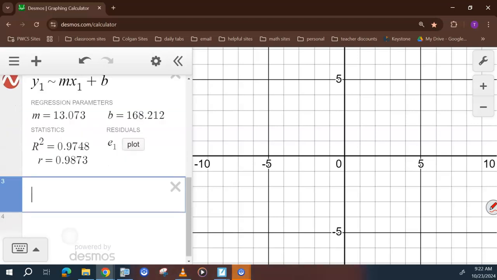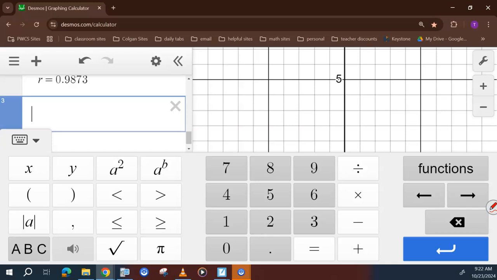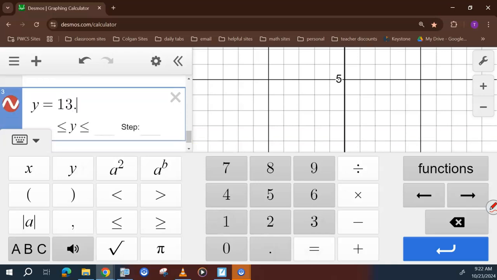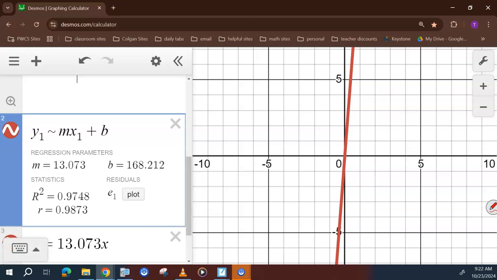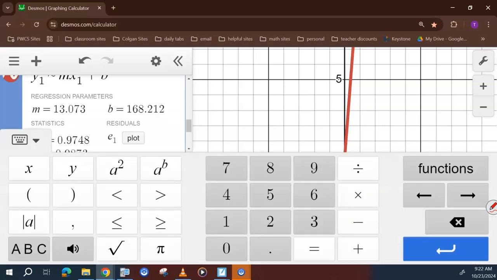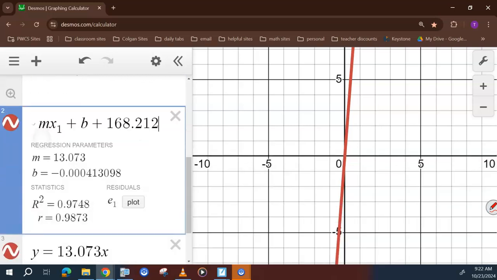Okay, so you would type in that equation, y equals 13.07x plus 168.212. Whoops, except that's not where I'm supposed to put that.